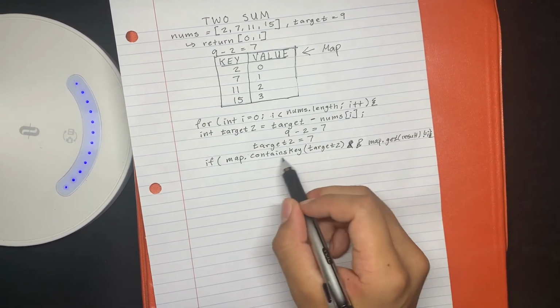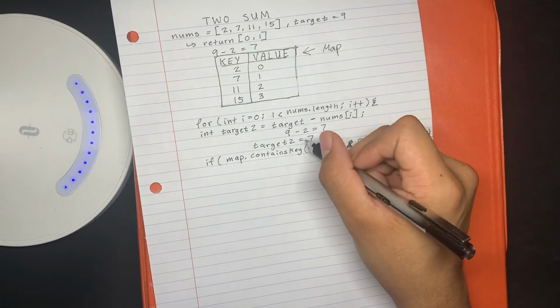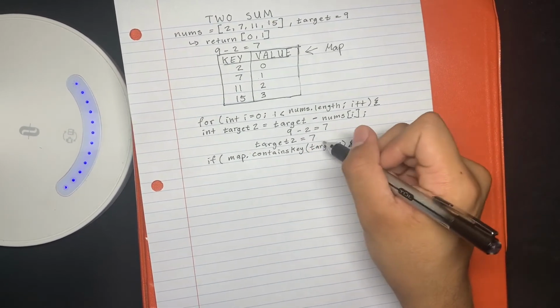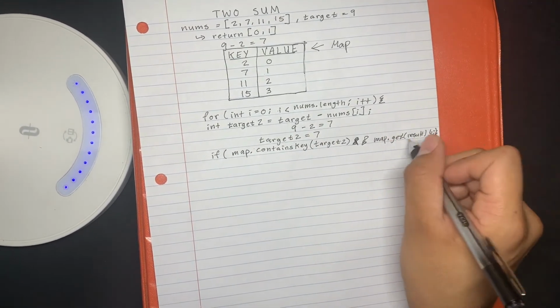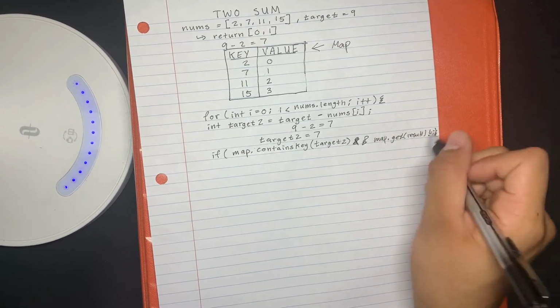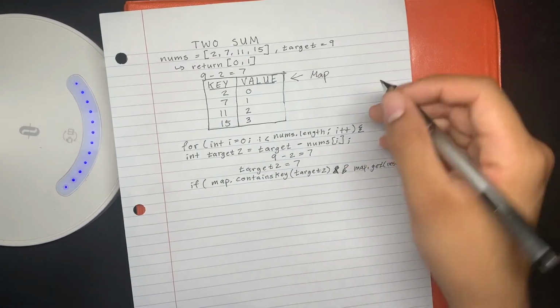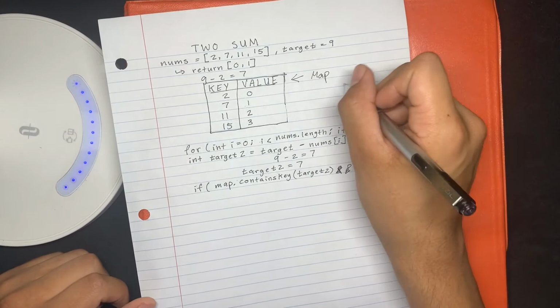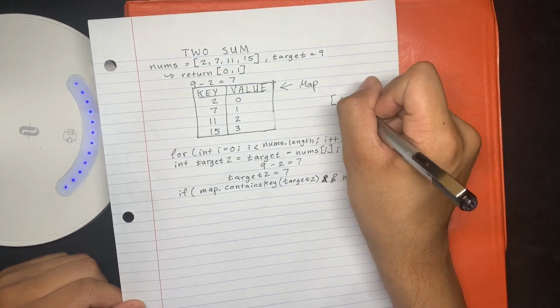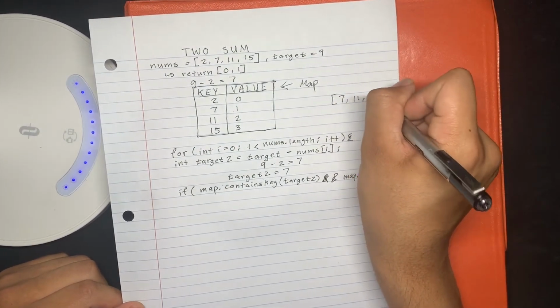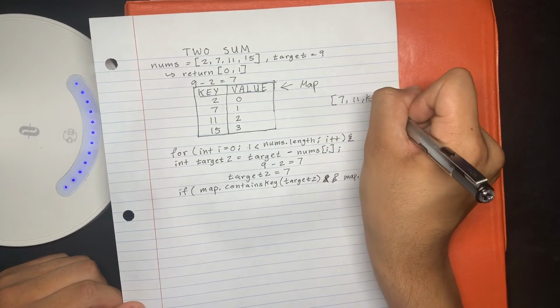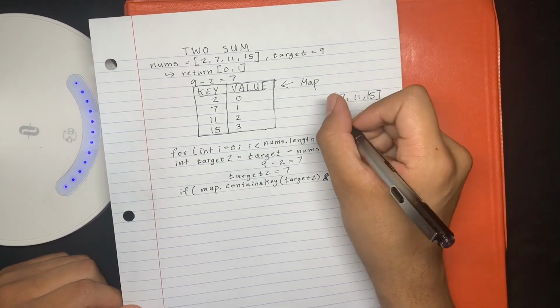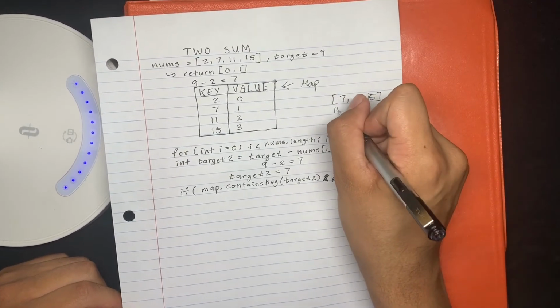So you already know what this is. It's basically checking whether the map contains the number that we're looking for. Now, for this little check, let me give an example. Let's say we have an array of 7, 11, and 15, and we're looking for the target number 14.